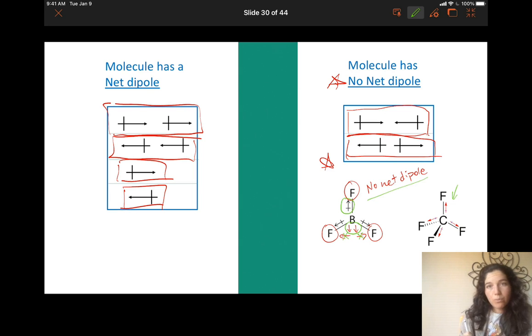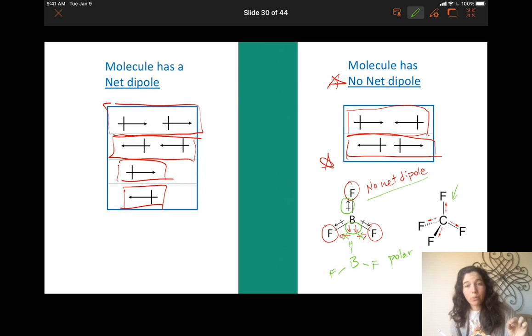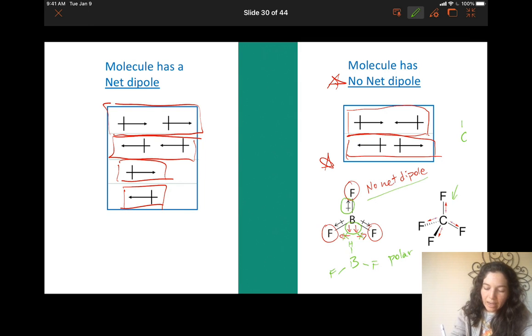This would not hold true if you had different atoms. So if you had, say, a boron with a hydrogen and two fluorines, now this guy's polar, because hydrogen pulls a different amount than fluorines. So those forces won't exactly cancel each other out. You can say the same with the carbons. If you had carbon with a hydrogen and three fluorines, it's not nonpolar anymore.